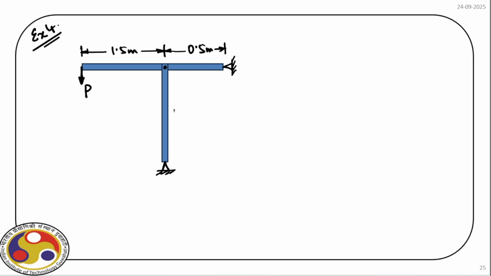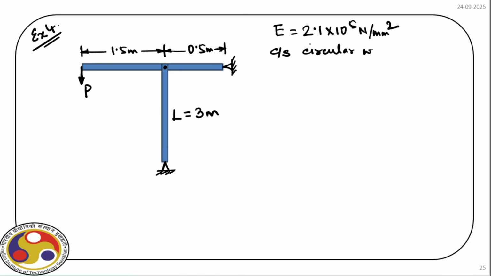Now the length of this column, L, is equal to 3 meter. Young's modulus E is again 2.1 into 10 to the power 5 Newton per millimeter square. The cross-section is circular with diameter D equal to 75 millimeter.